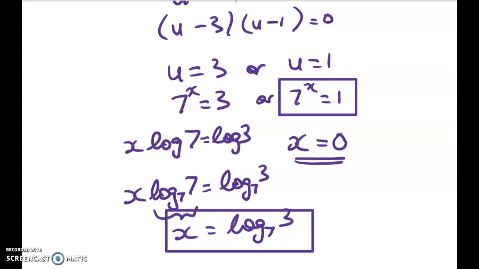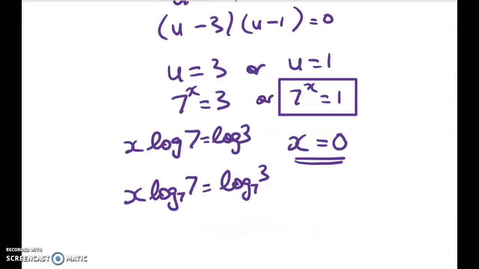I can guess that 7 to the power of what gives me 3, it's going to be a fractional power, but that's about it. Equally, I could have done log to base 3, right? You get the idea. But if you want to actually get some real useful numbers, you want to be using either the natural log, ln, or just the log button, which is log to base 10.